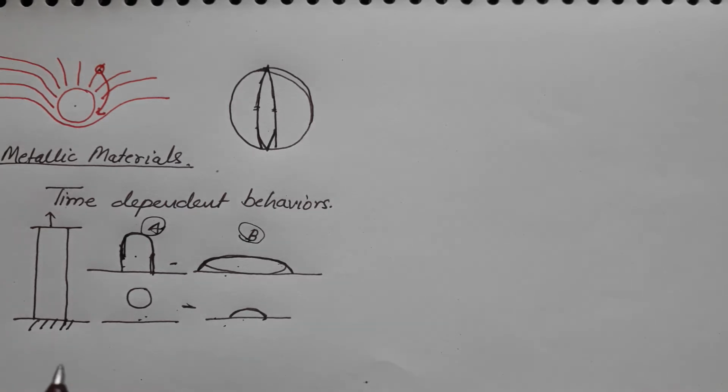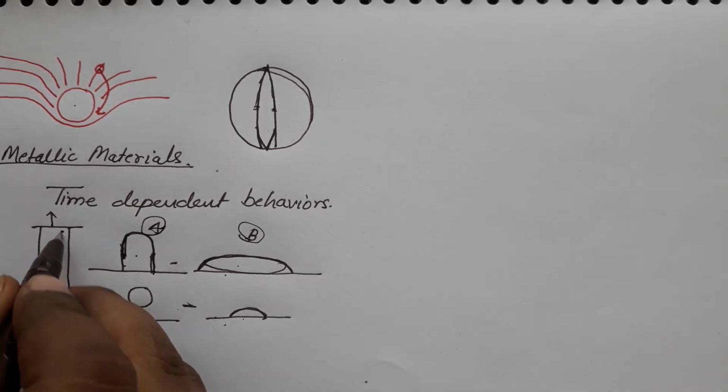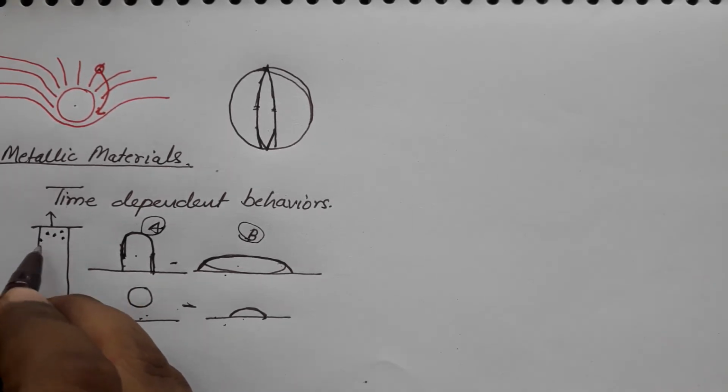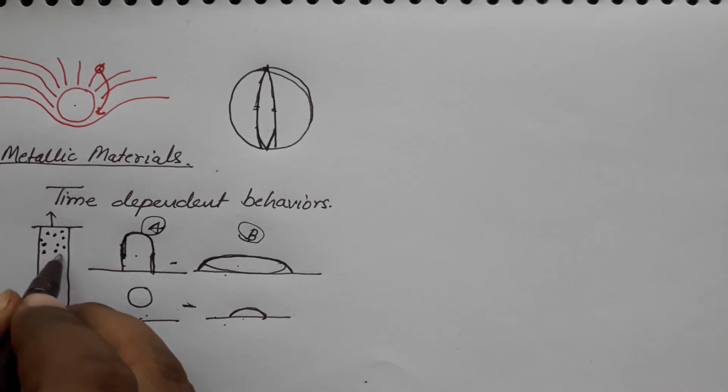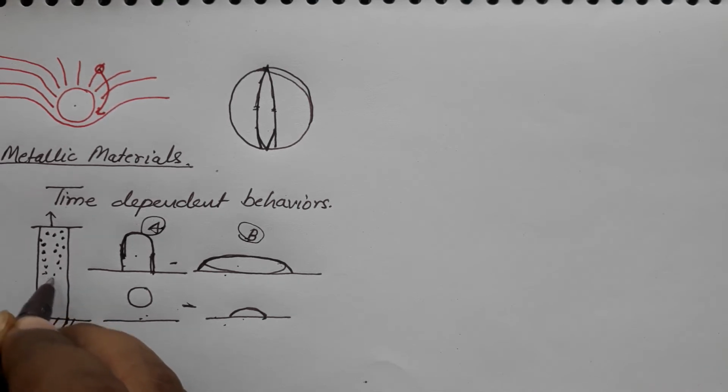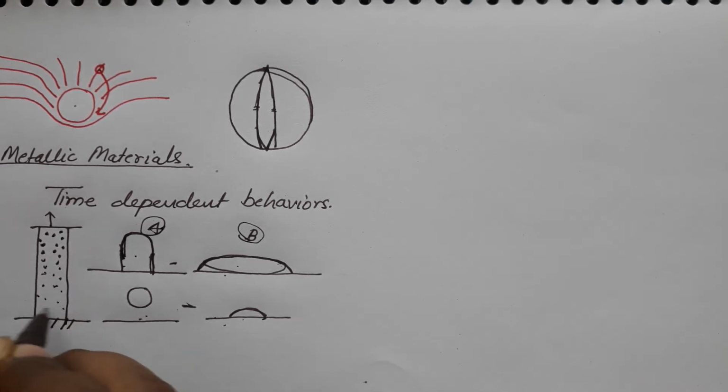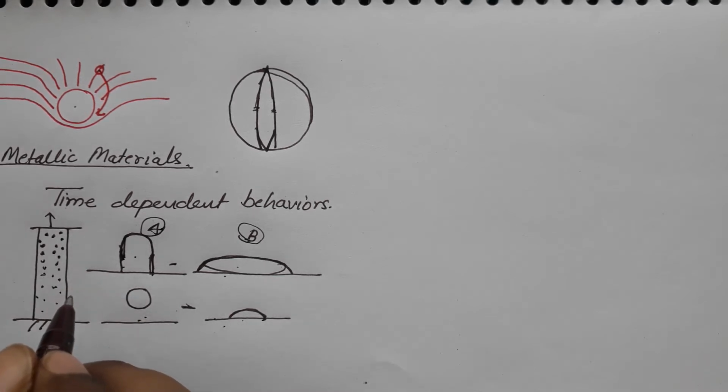So, what is happening is that you have atoms, and these atoms will be moving once you apply stress. Once you apply stress, you are actually pulling the material, and the material is trying to be in its own configuration.